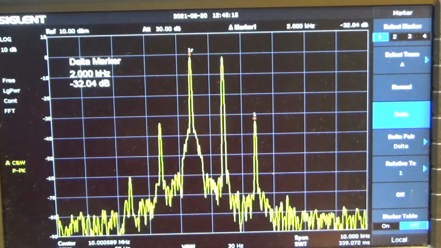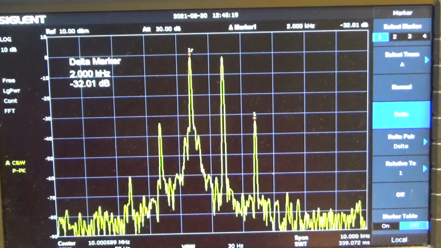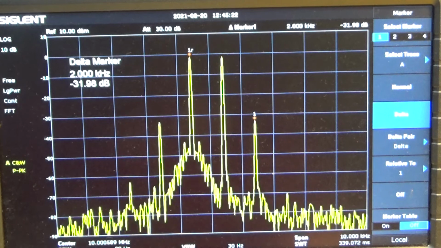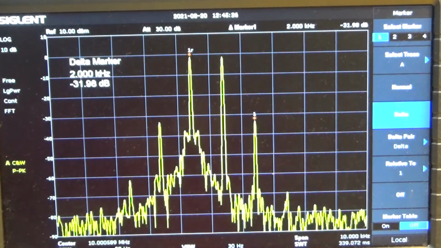So that's what it looks like drawing 75 milliamps, and that was the problem I was having originally.